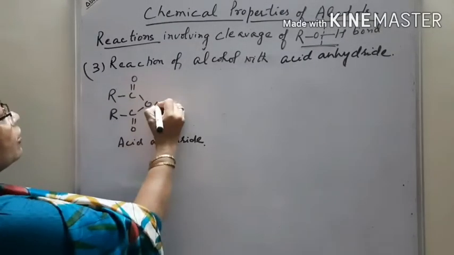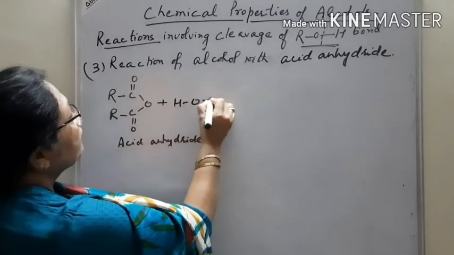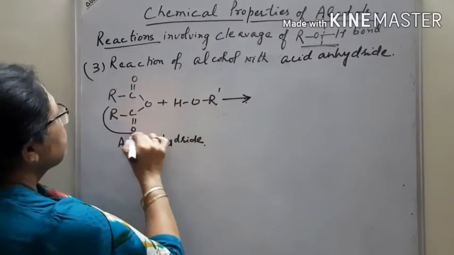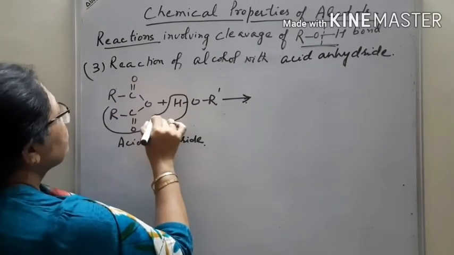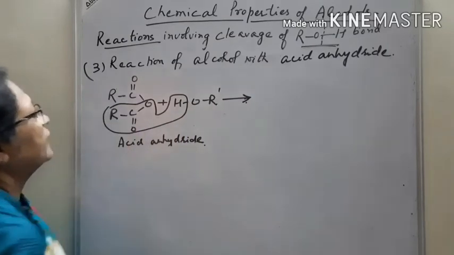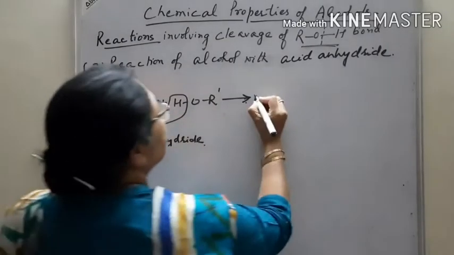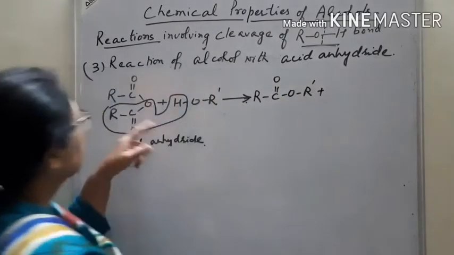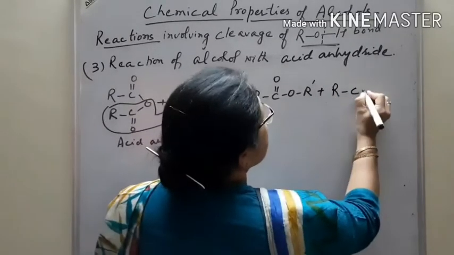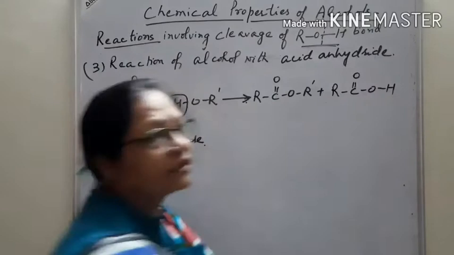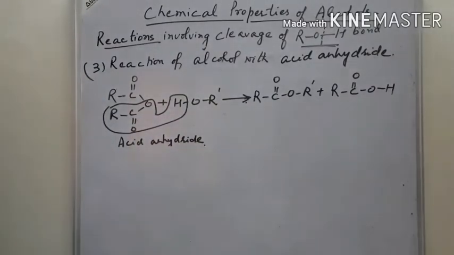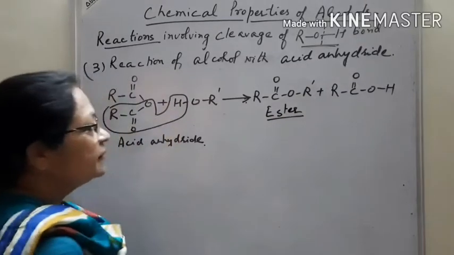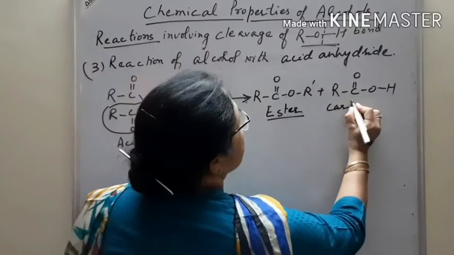Then you take R dash OH, and again this type of reaction takes place, right? Carboxylic acid is removed and ester has been formed plus RCOOH, a carboxylic acid.